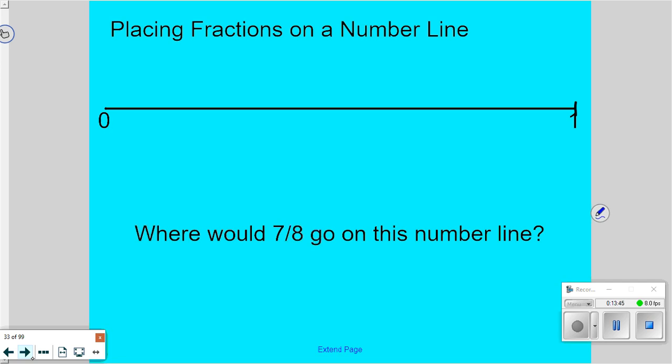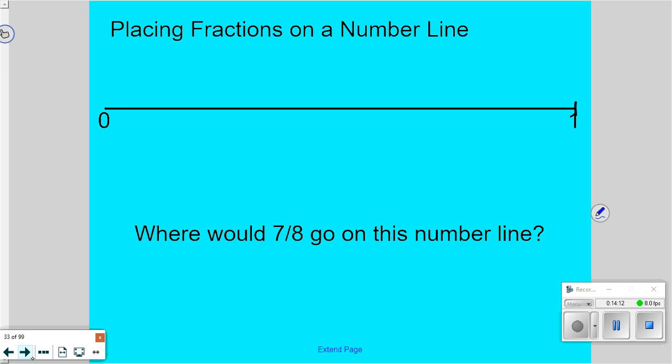Huxley says, hey, I know 8/8 is going to be at 1 whole, and 7/8 is pretty close to that. How far away is it? It's just 1 jump. What is that jump worth? It's only 1/8 away. So it's going to be pretty close.